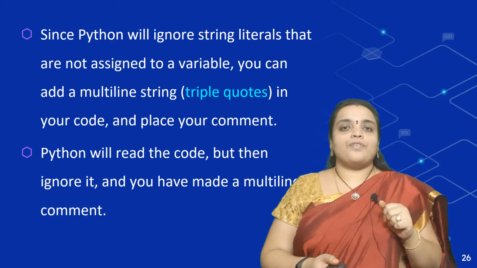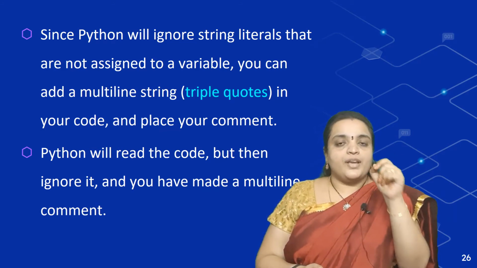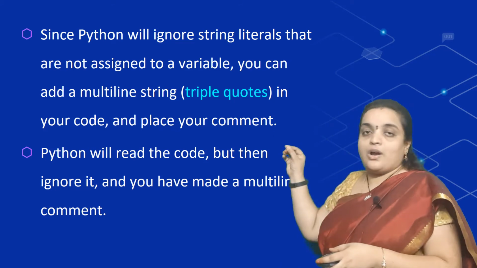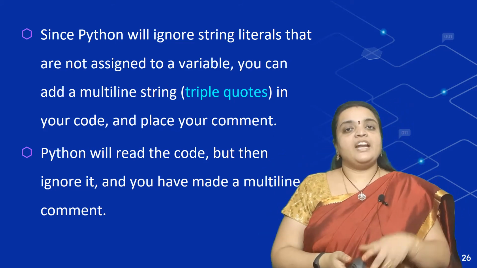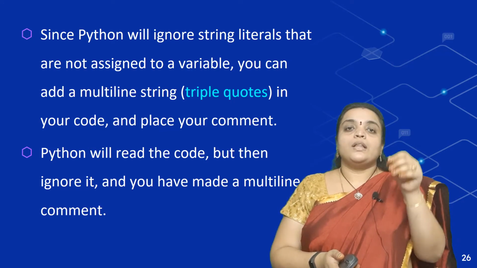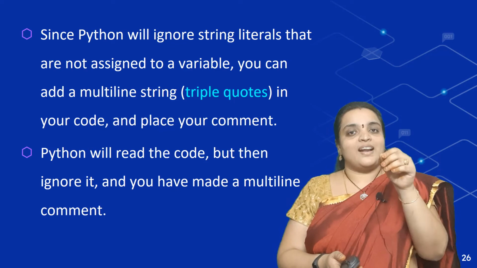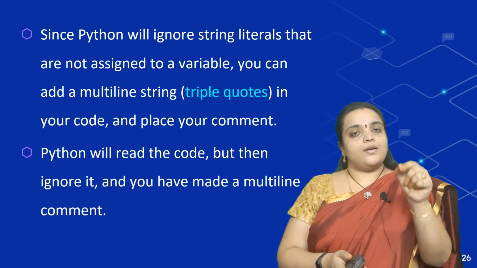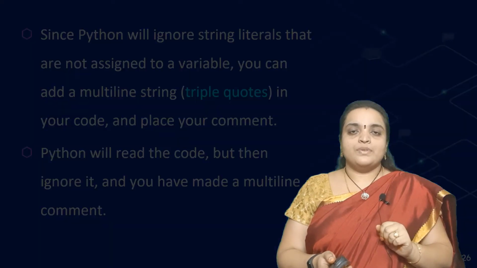The other way of writing multi-line comments is a multi-line string, that is triple quotes. If you give triple quotes for your string, then it is taken as a comment. Python ignores string literals that are not assigned to a variable. So let us see.